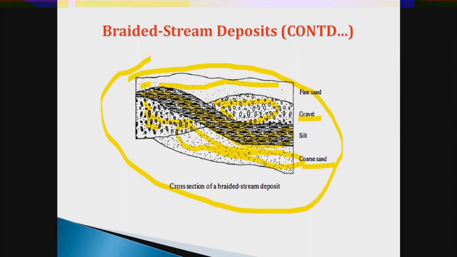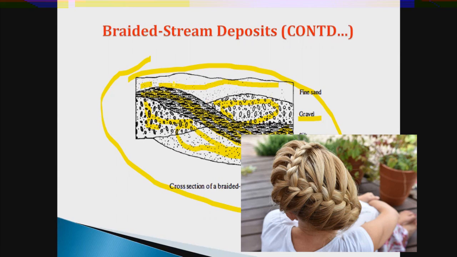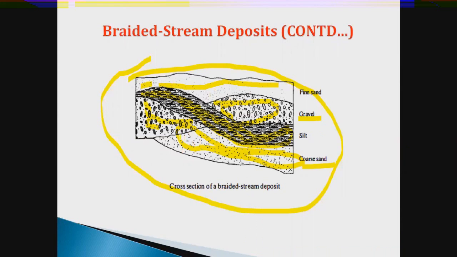So now you can see this is more like the braid of a human hair. That's why they are called braided stream deposits. As I told you, they are very irregular in stratification. You can see the strata is not regular because all the particles are intermixed in the form of different spirals.